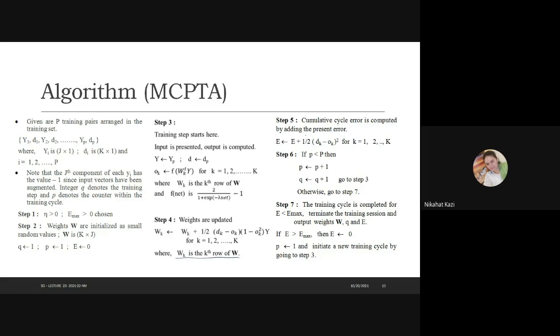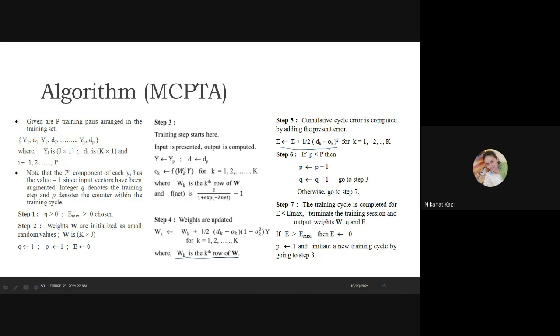And this is about the cycle error. Now in this case, the only difference between MCPTA and the multi-category discrete perceptron training algorithm is that the cycle error will never become zero here, right? Because the type of output that is obtained will be a continuous value.